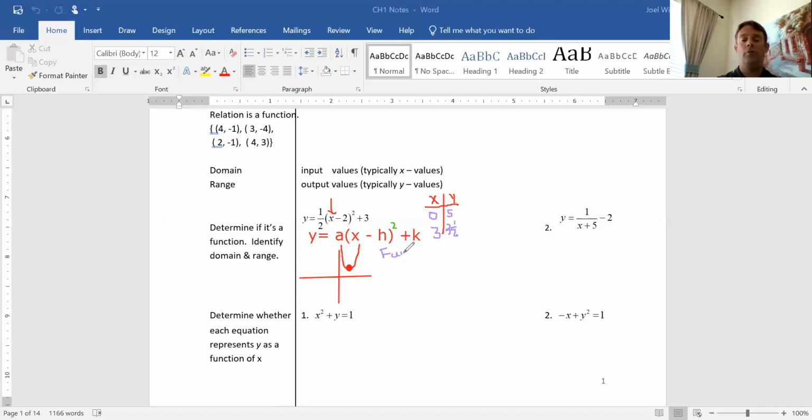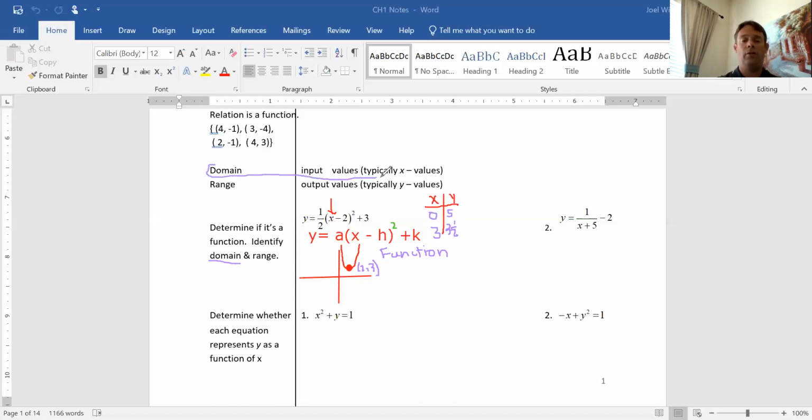So this right here, we would say that yes, this is a function. Now to do domain and range, you would need to know either where the vertex is, or you would need to graph it. And so in that regard, we would need to know that this vertex right here is at the point 2, 3. So domain, whenever you see the word domain, remember that domain means all the x values.